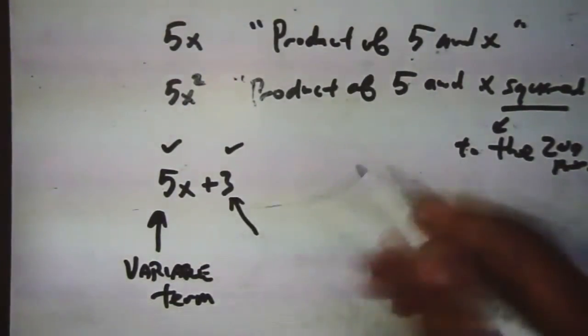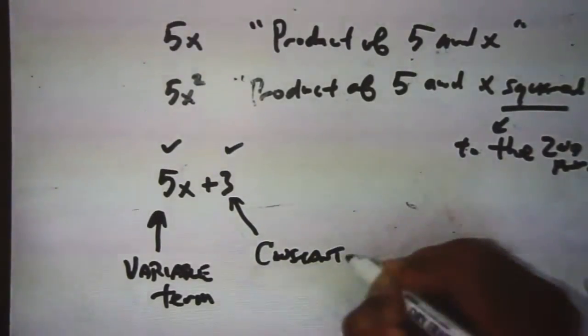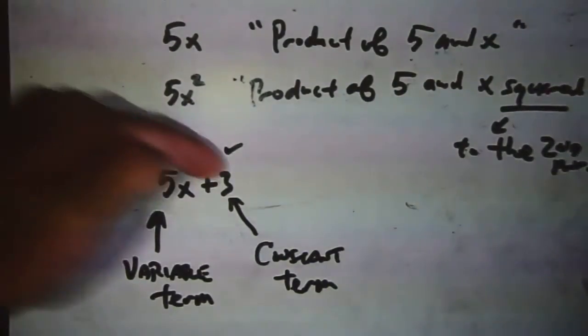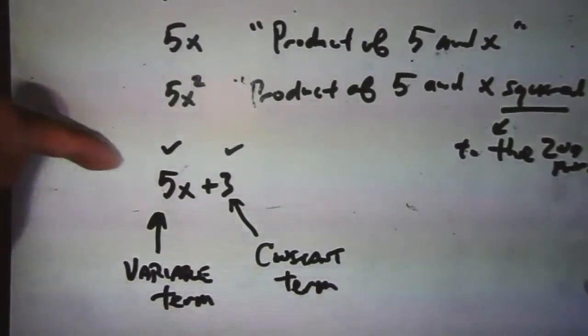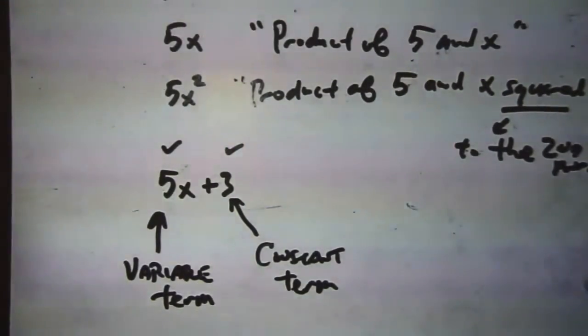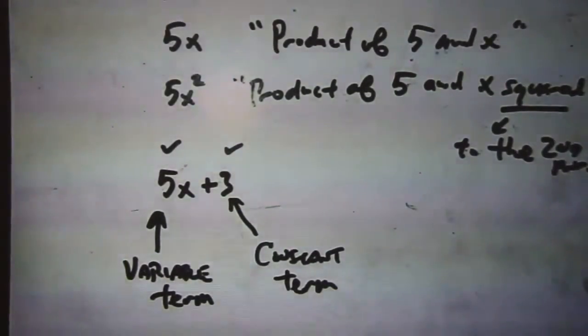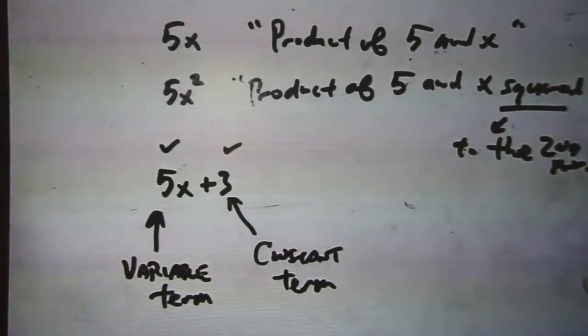The term that doesn't have any variables, we call the constant term. The word constant means never changing, so this is always going to be 3. This is variable because depending upon what x is, it varies. If x is 2, this would be 10. If it's 3, it's 15. So it varies. Hence, it's the variable term. Constant term, variable term. Okay.